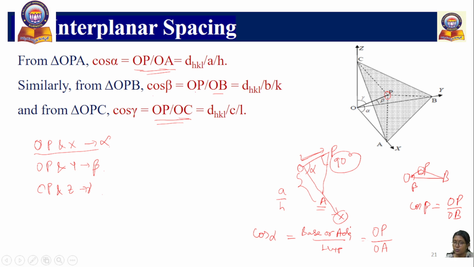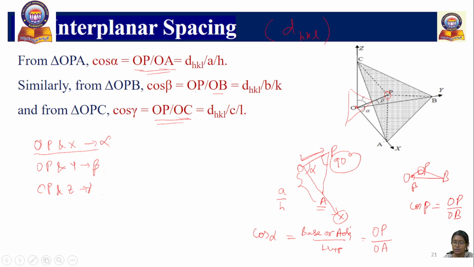So what we do, see, we will draw another plane parallel to ABC, which is passing through the origin. Similar to ABC, but now this is passing through O. So one plane is passing through O, the other plane is passing through P. OP represents the interplanar spacing. Let the interplanar spacing be d HKL. Why HKL?